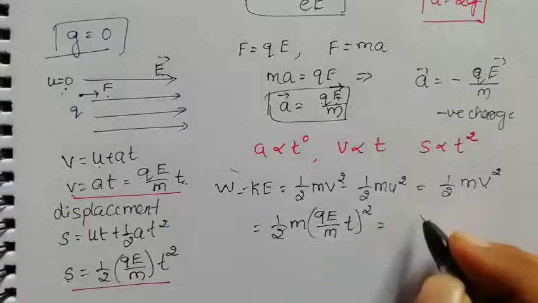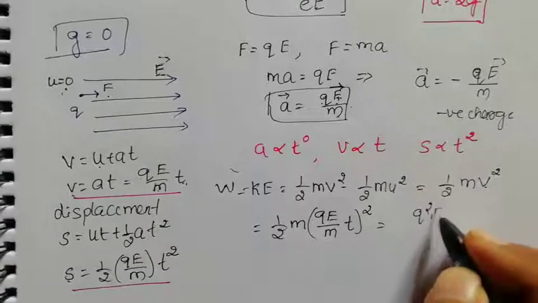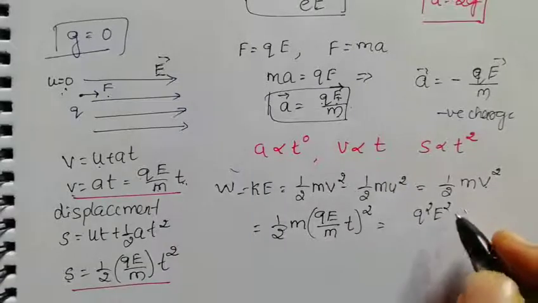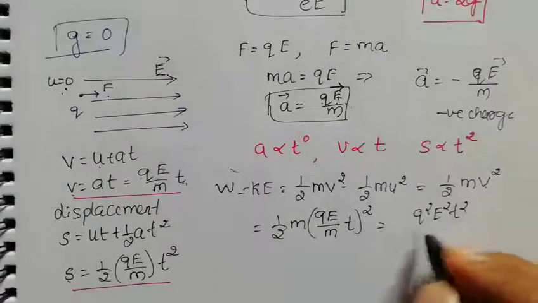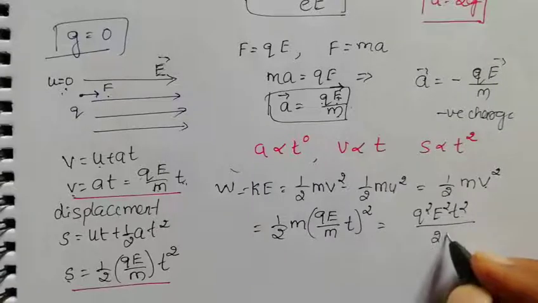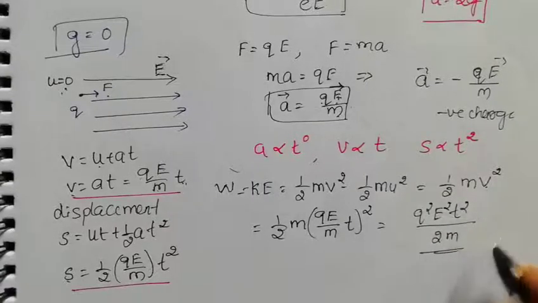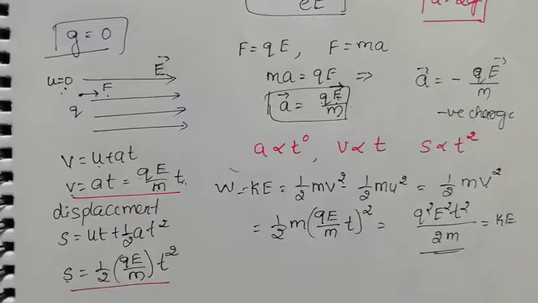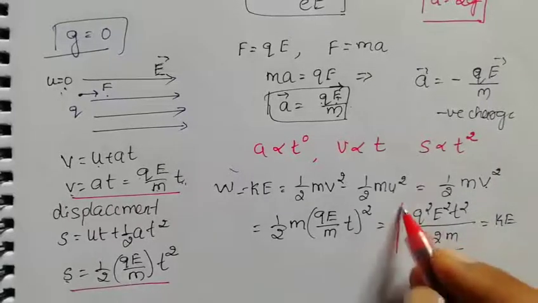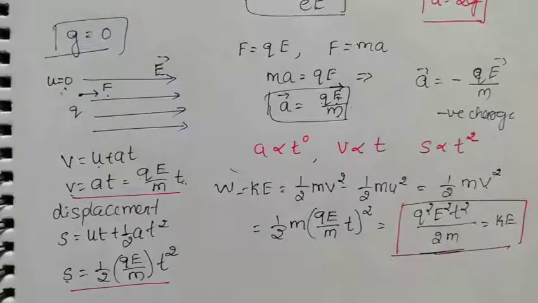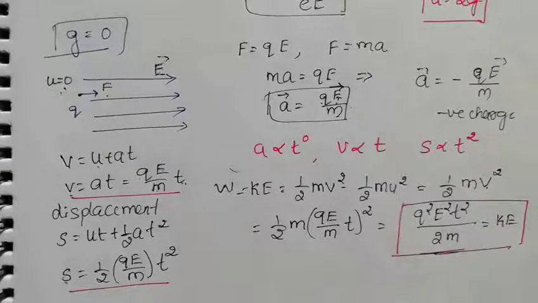If you simplify, you get q square e square t square divided by 2m. This is the kinetic energy. This is the formula for the kinetic energy acquired by the particle moving in a uniform electric field from rest.